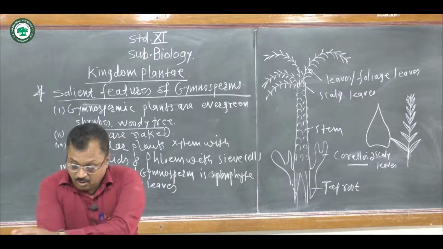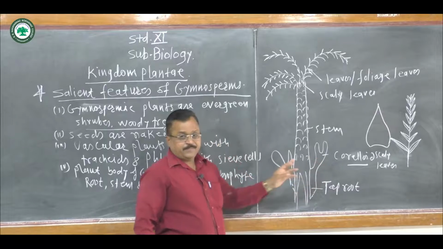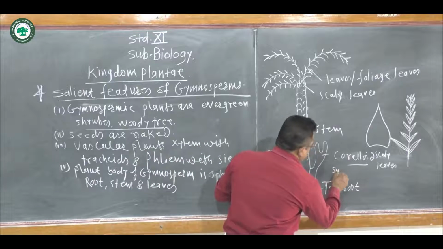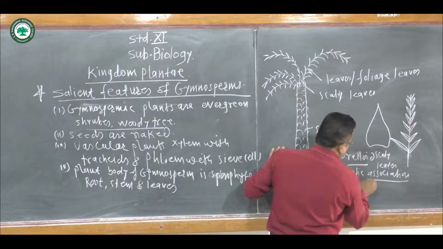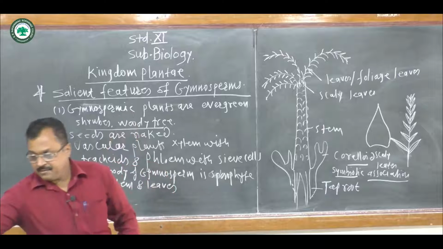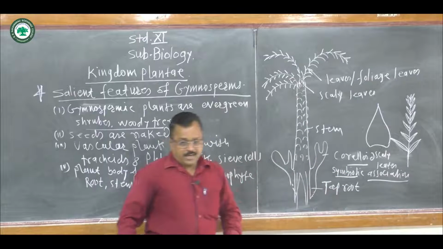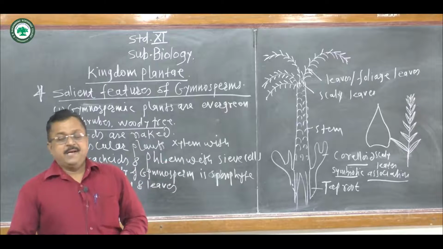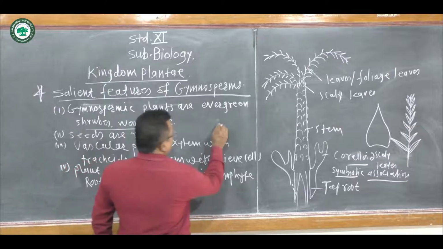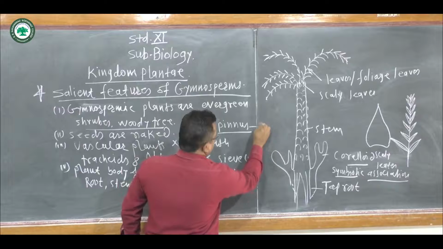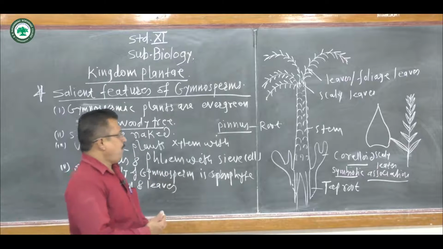Then the roots, the taproot and the coralloid root. Coralloid roots are dichotomously branched, and show a symbiotic association with blue-green algae in Cycas. In other plants, for example Pinus, the roots show an association with endophytic fungi called mycorrhiza.